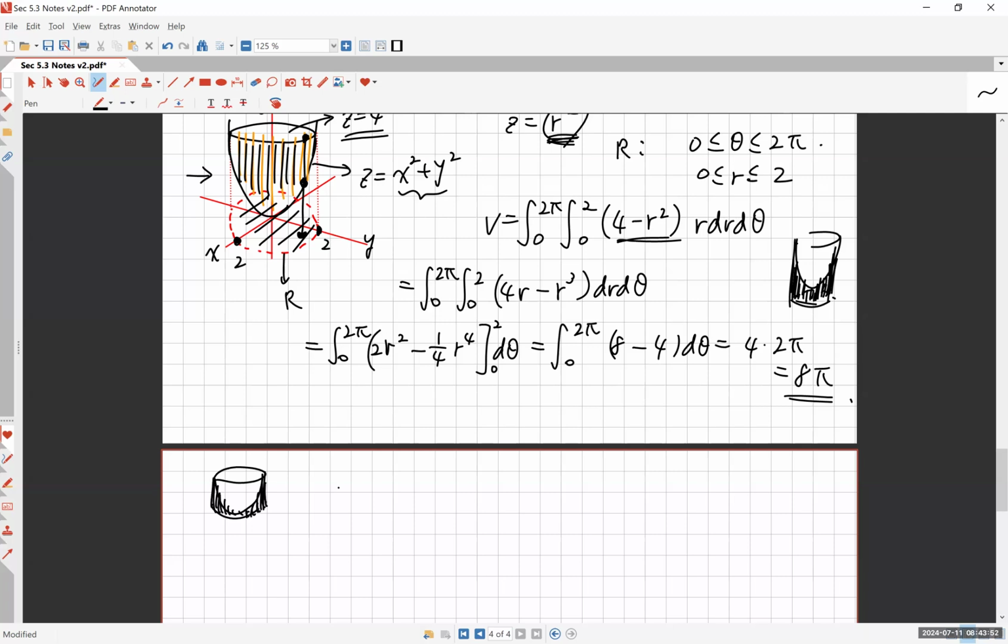Well, think about this. So this will be just like before, but instead of 4 minus r squared, you'll just have r squared. That's the length of these vertical lines from 0 to where it touches the paraboloid, which is where z is r squared. So you will set up this integral.